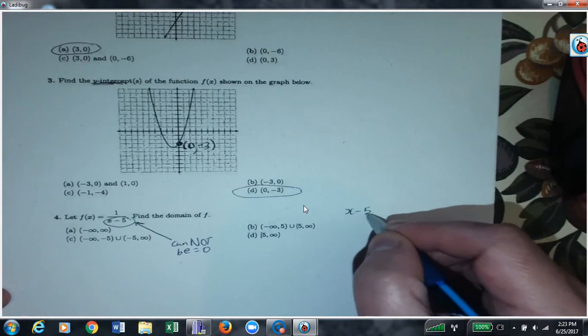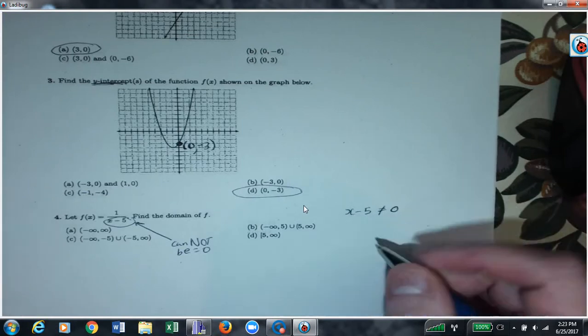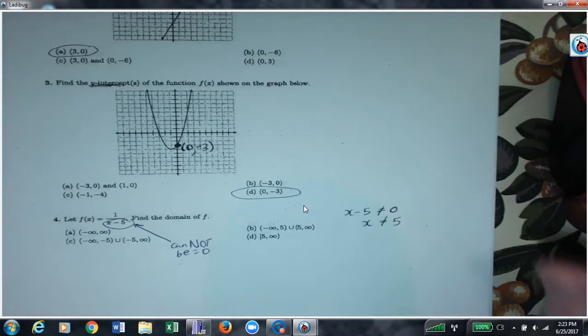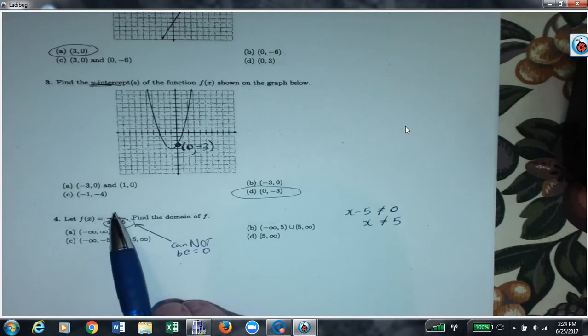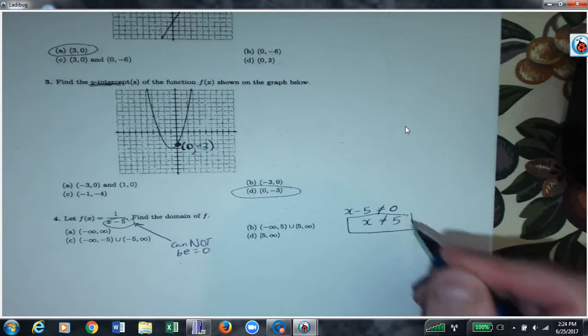If I add 5 to both sides and keep the symbol, this is saying x is not allowed to be 5. And think about it. If x is equal to 5, this becomes 1 divided by 5 minus 5, which is 1 over 0, and that's not allowed. So x is not equal to 5.